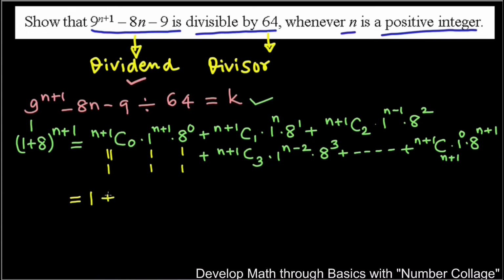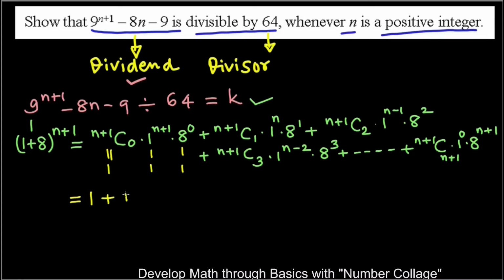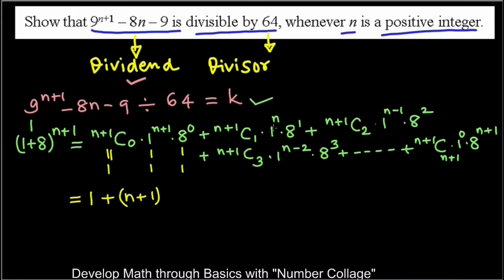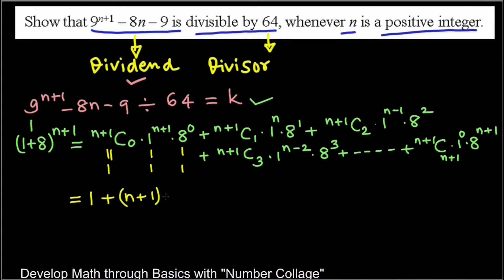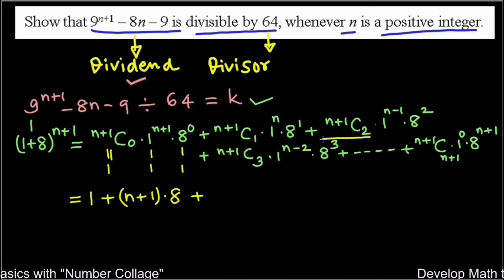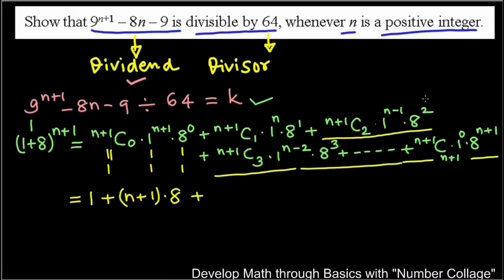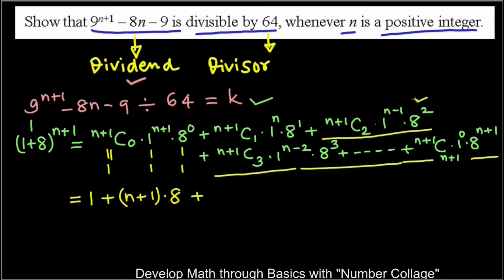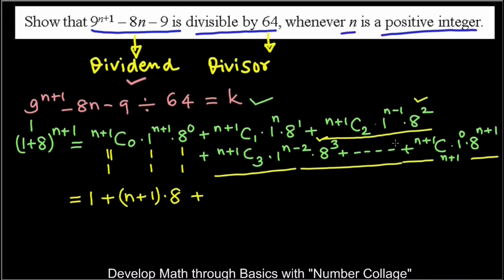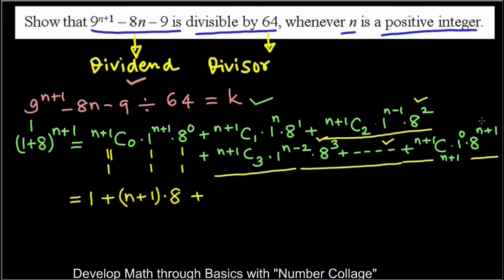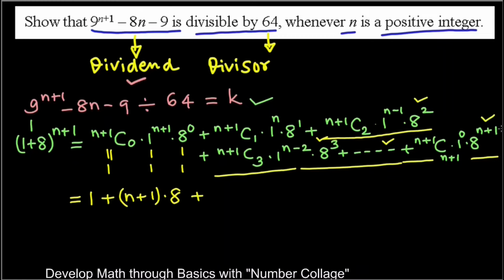In the second term, n plus 1 C1 will be n plus 1. 1 raised to n will be 1, 8 raised to 1 will be 8. In the next term onwards, there are integral powers of 8, 8 square, 8 cube, 8 raised to 4, and so forth, and finally 8 raised to n plus 1.